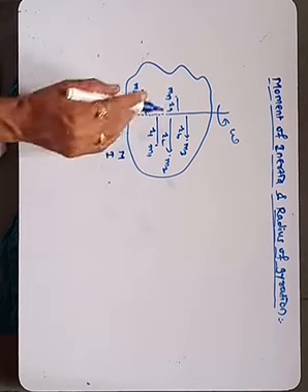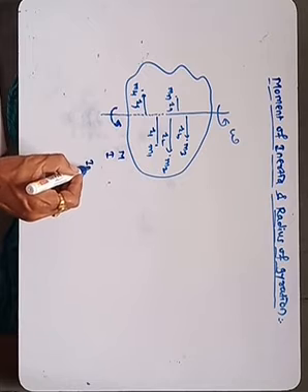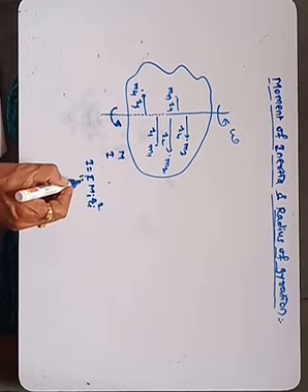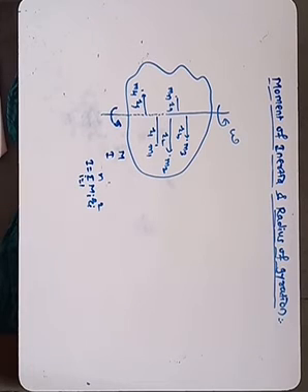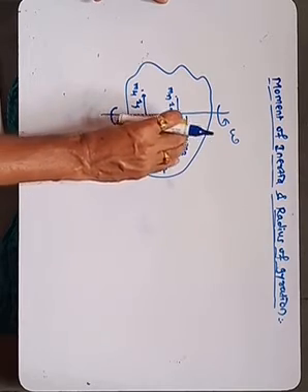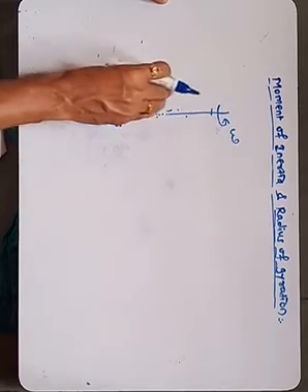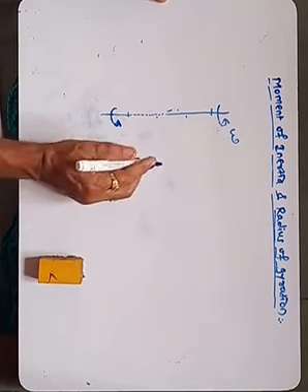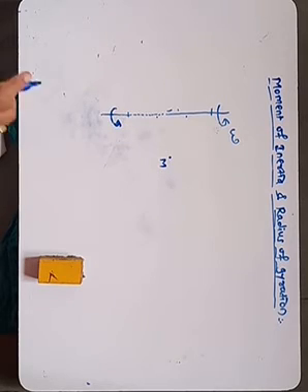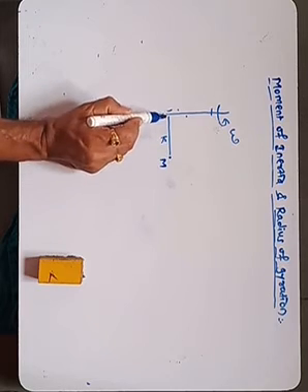Now we will replace this body. I will write I is equal to summation m_i r_i square, i equal to 1 to n. This is the definition. Suppose we consider the same axis of rotation, and suppose the same mass as that of the body is placed here, and suppose k is the distance of that mass from the axis of rotation.